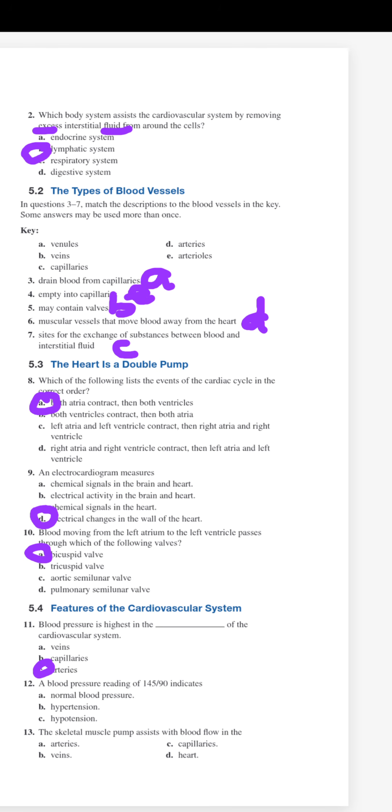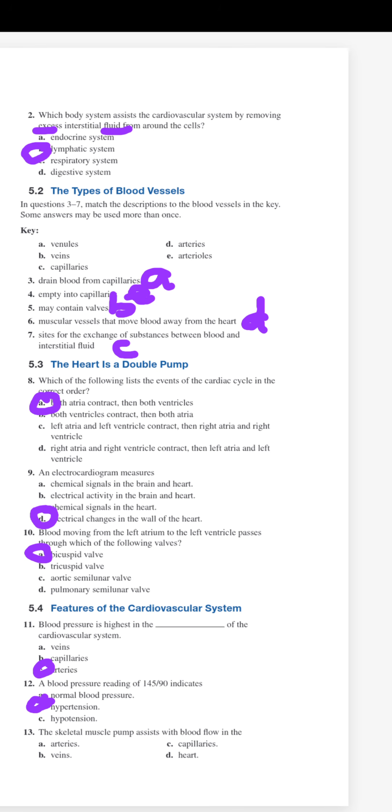So this one, 145/90, is very high. As I told you in biology, I believe in chapter 3 or chapter 4, the word hyper means more in bio, and the word hypo means less. Right now it's very high, so it is hyper. Hypertension.